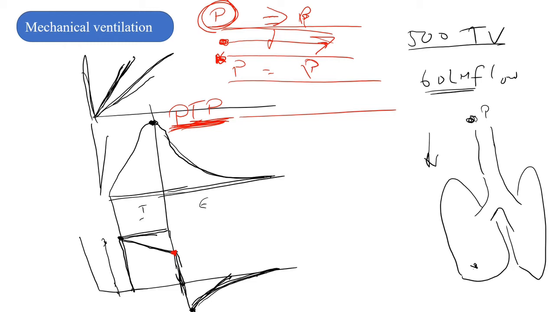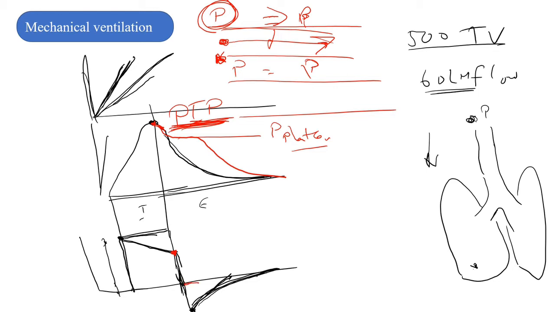So if you stopped flow here at the end of inspiration, this will result in a plateau in the breathing. And then when you open the plateau, the pressure will decline again. This is the plateau pressure, and this plateau pressure is present when there is no flow.